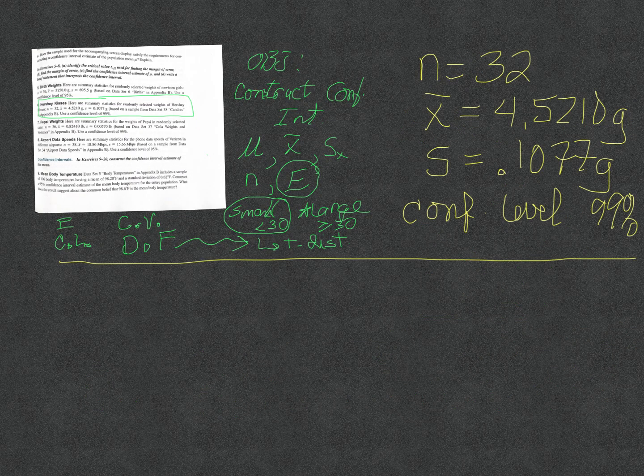So what we have done, here's our data, and this is pulled directly from the problem over here. And what we have done is we have taken a sample of size 32 Hershey Kisses in a bag, and we have weighed those Hershey Kisses and come up with a sample mean of 4.521 grams.